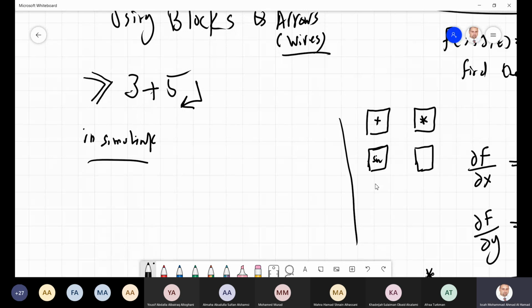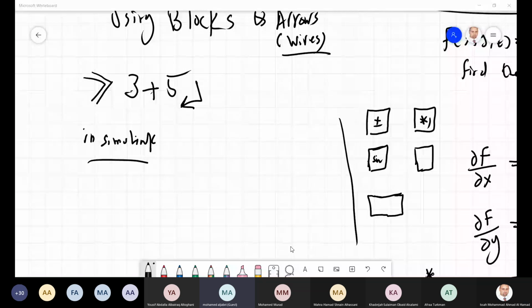This can be plus minus, this can be differentiation and division. So multiple blocks, and you need to write your answer in a certain location, so it can be something like a screen, for example. This is a block for len and so on.